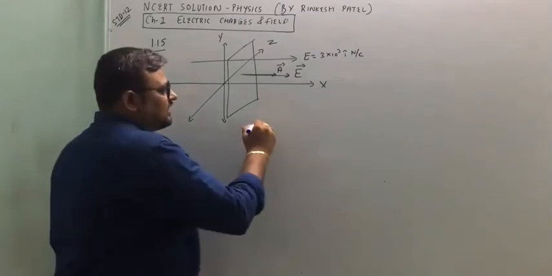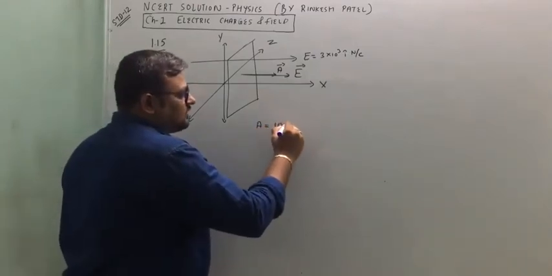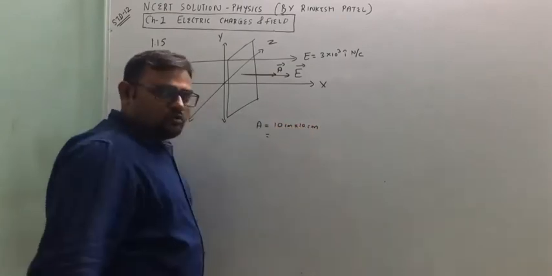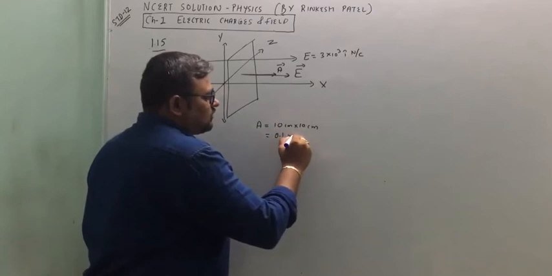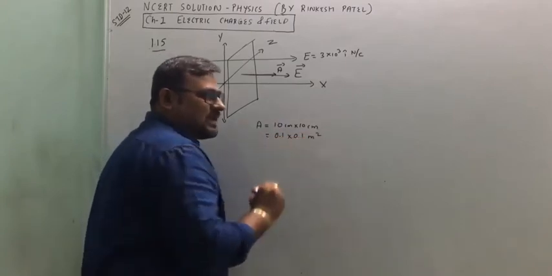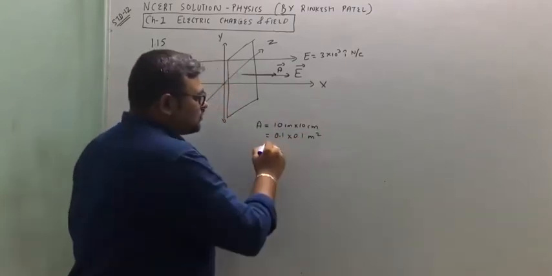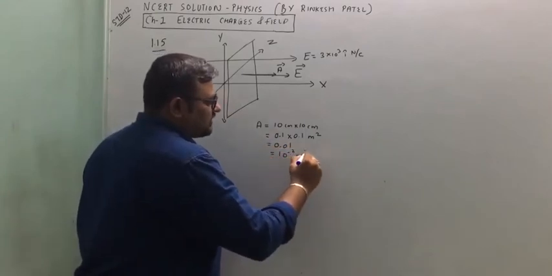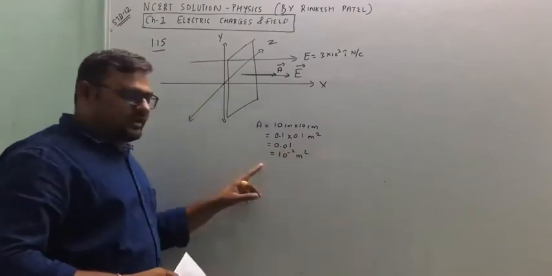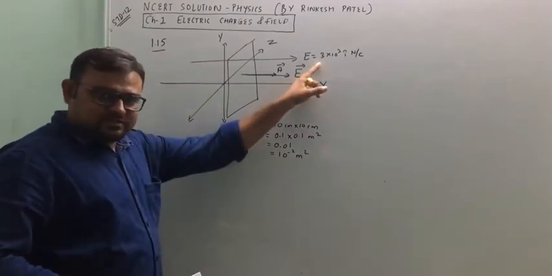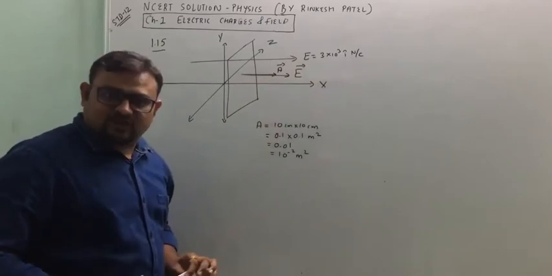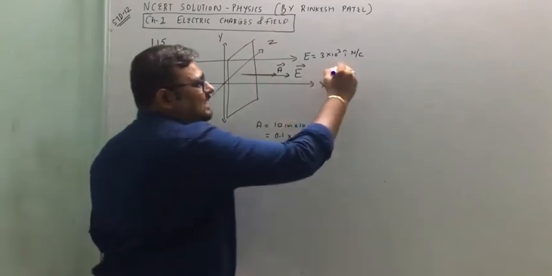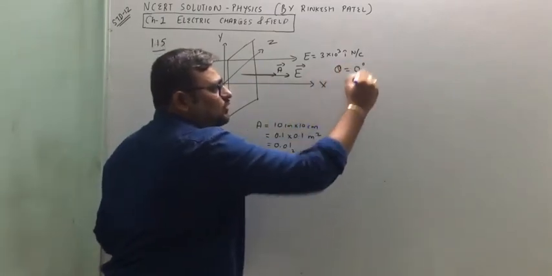Clear? The value of area is 10 centimeter into 10 centimeter, so it will be 0.1 into 0.1 meter square. I have converted it into meter. So it will be 0.01, equal to 10 raised to minus 2 meter square. We got the value of area, and the value of electric field is here. You have to find the electric flux. From here I can say that the angle between E and A, theta, is equal to 0 degree.